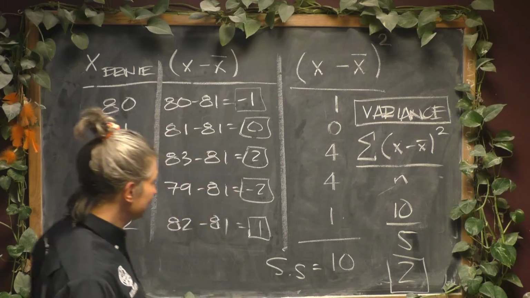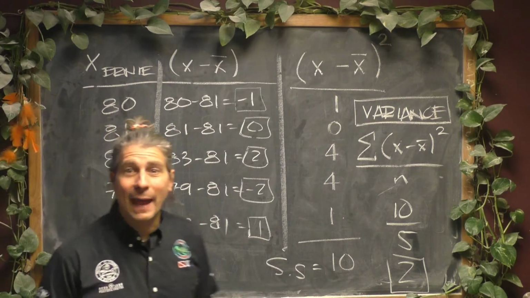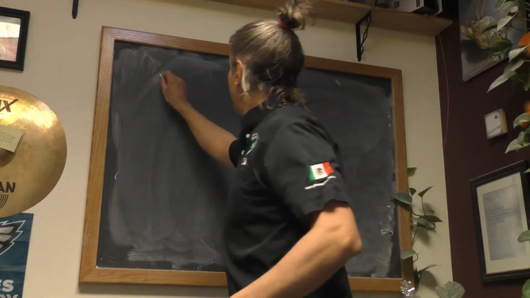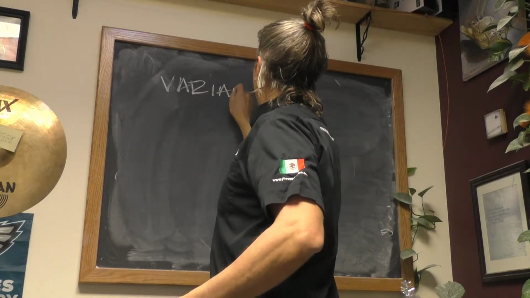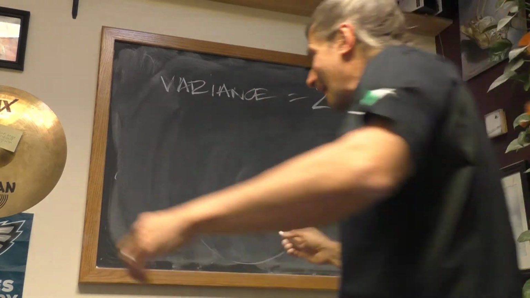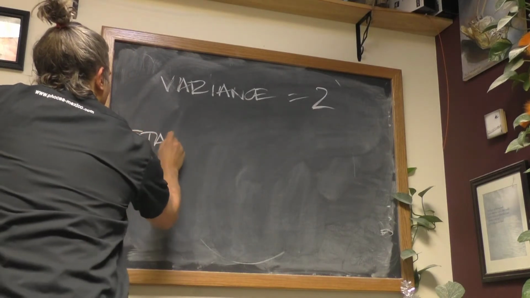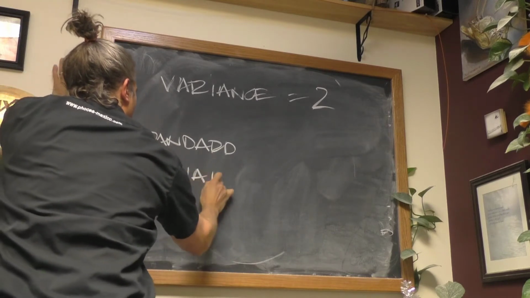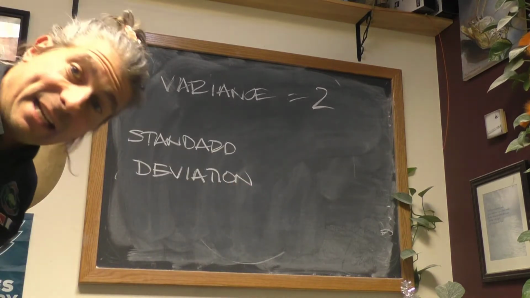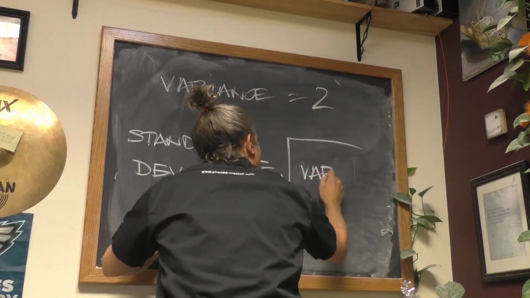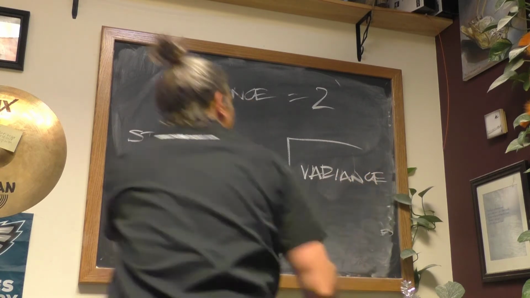Now, looking behind me, I'm out of space on the board, so I'm going to have to switch to my other board. So we've got the variance. Is 2 squared points. The standard deviation is equal to the square root of whatever the variance is.